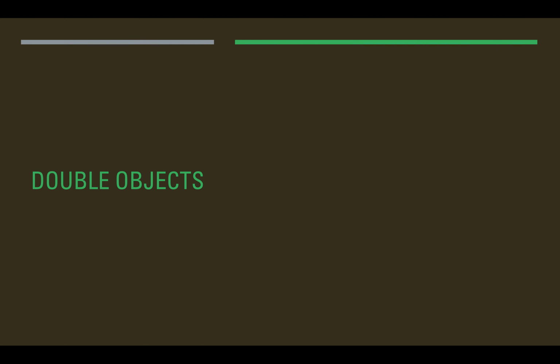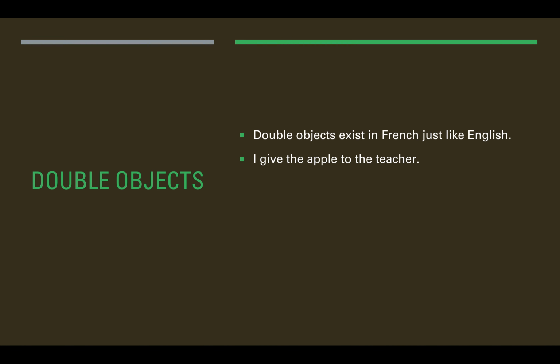Let's talk really quickly about double objects, and I'm going to give you some exercises with that. Double objects exist in French just like English. So if we have the wonderful example, I give the apple to the teacher, we have two objects. I give it, the apple, to him. The teacher could be to her. It doesn't really matter because to the teacher would be an indirect object, so it wouldn't matter about the gender, but professeur is always masculine in French.